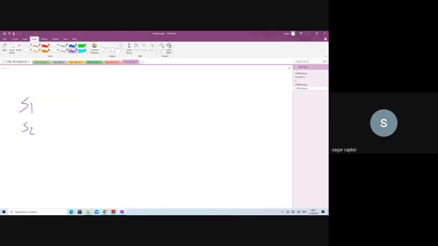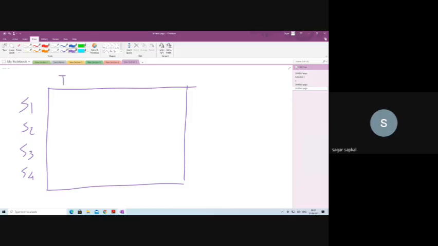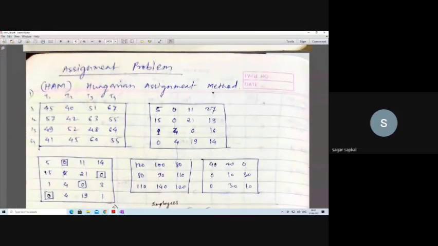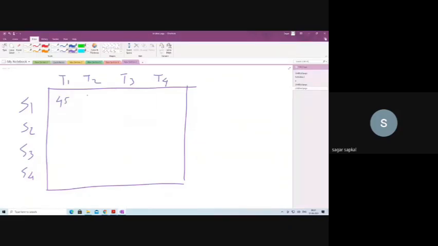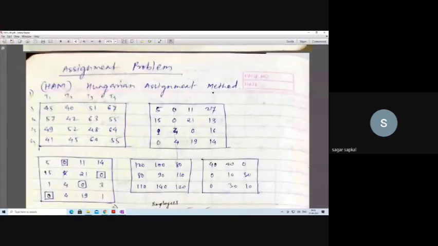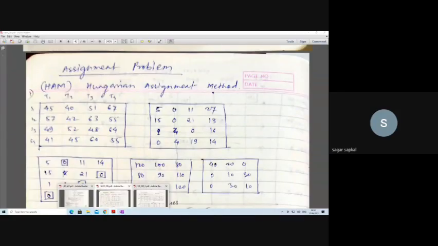S1, S2, S3, S4 and T1, T2, T3, T4. What are the values given? 45, 40, 51, 67. Then 57, 42, 63, 55.